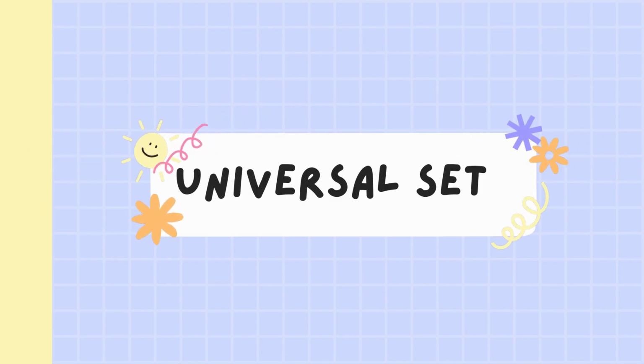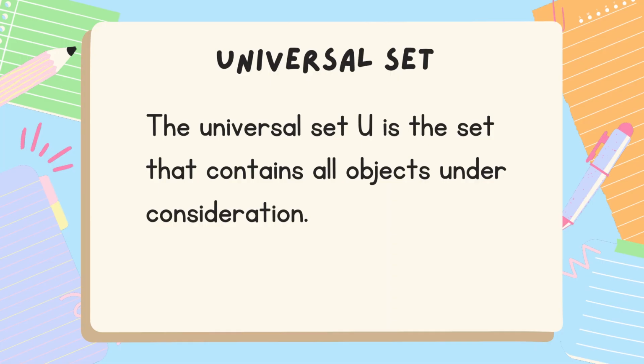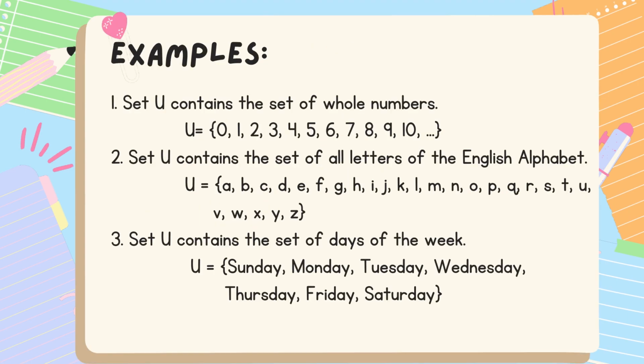Let us have the first, the universal set. The universal set U is the set that contains all objects under consideration. In other words, the universal set is the mother set of the sets that we are dealing with. Here are examples of universal set. 1.